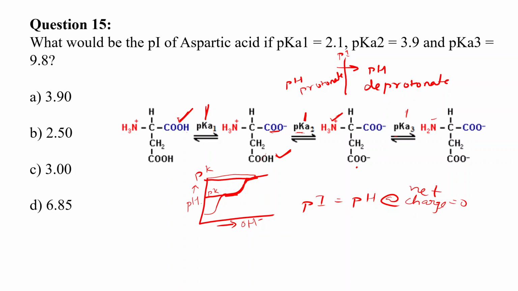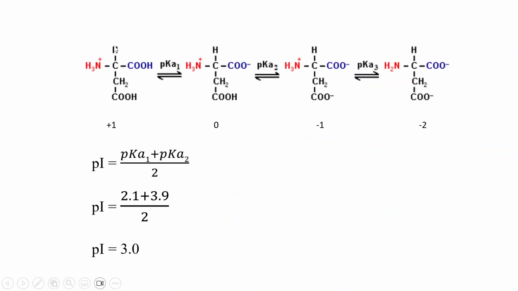Okay, so let's see how to solve. The net charge I told you for this form is +1, because +1 from this, and then these are uncharged, these are at 0. Then you have this form that has +1 and -1, so net charge is 0.